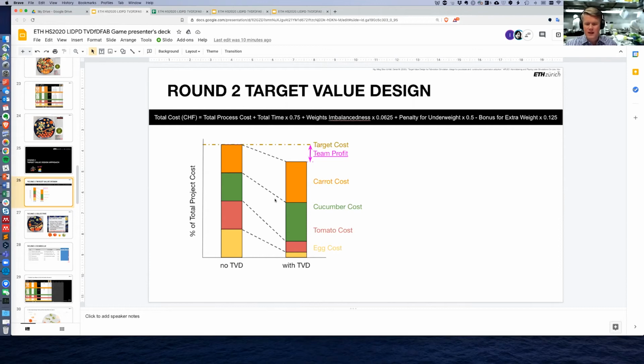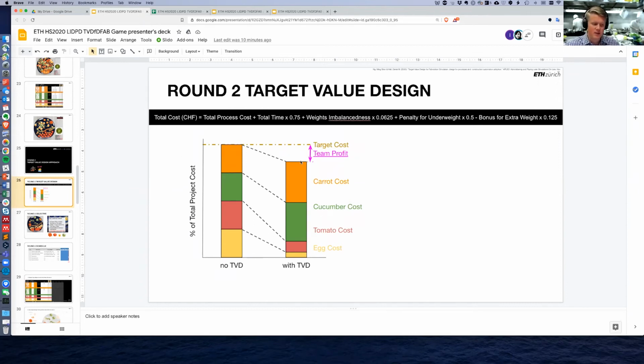So we don't have to get to the end of the process and start pulling cucumbers and carrots and throwing them out of the design because we're not balanced or we're too expensive. So here's a simple example. If these are the different costs, your goal is to figure out what the new costs are, and maybe they're not exactly balanced either.